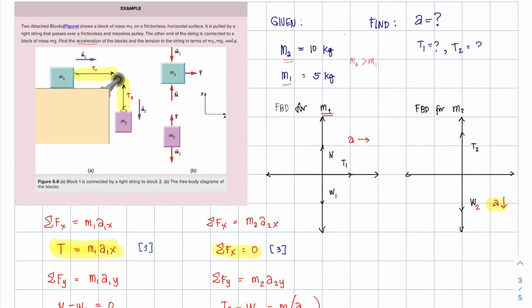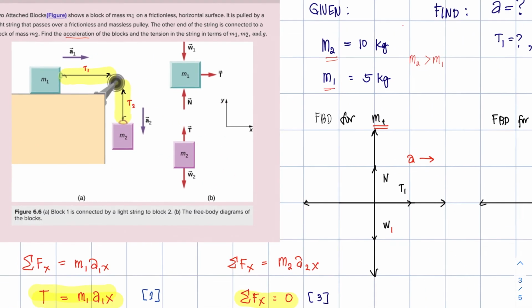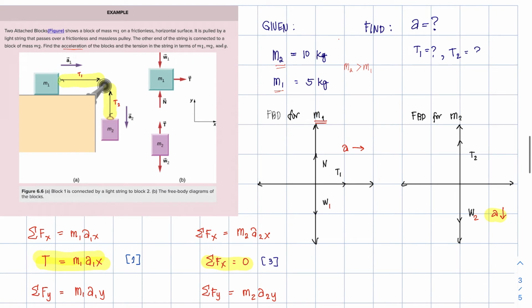Okay, but I would like you to think again of my question. Since the strings T1 and T2 are connected, they have the same magnitude of tension. By now, you should recall from our class, if our string is connected, or practically in this case it is just one string going over the pulley here, they will both have the same tension.